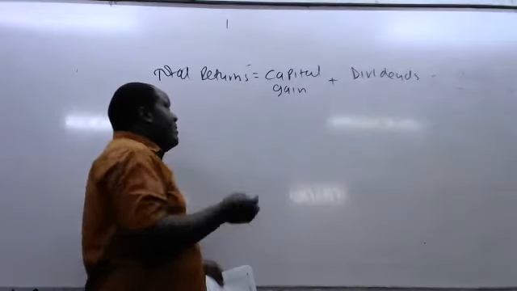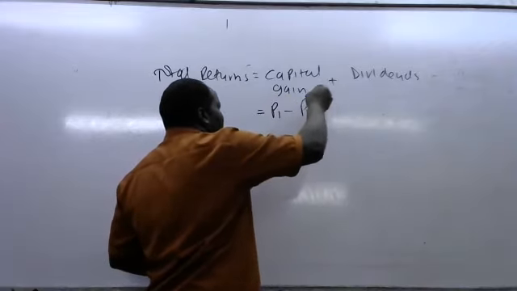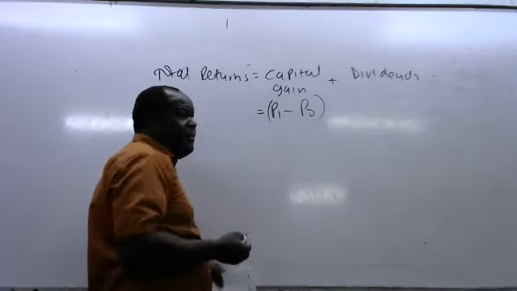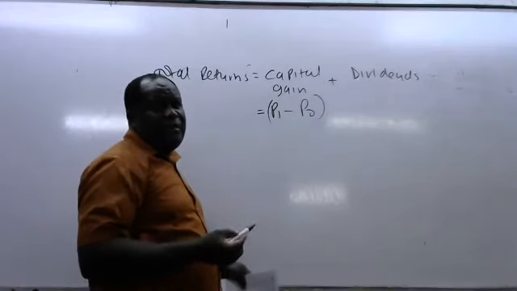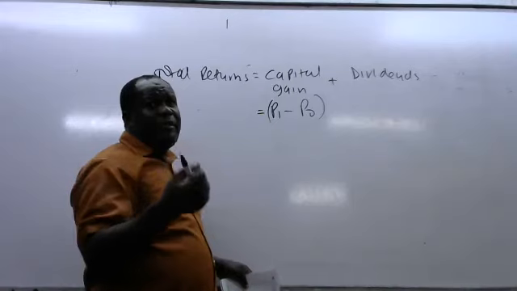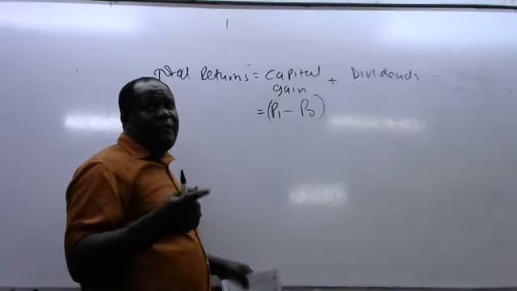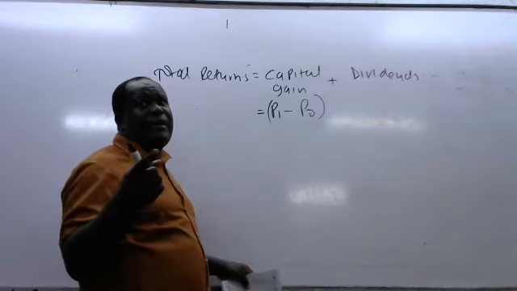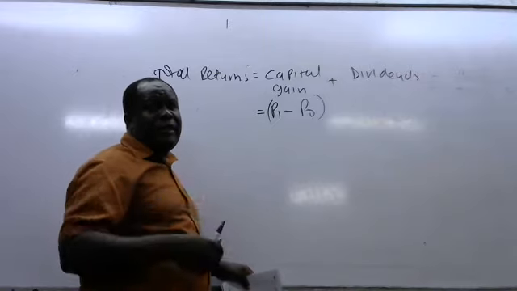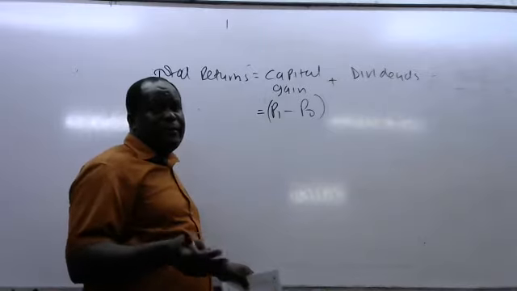Remember, capital gain is P1 minus P0. P1 is the value at the end of the year, P0 is the value at the beginning of the year, so the difference gives you the gain. That is the capital gain, which is the same as the profit.